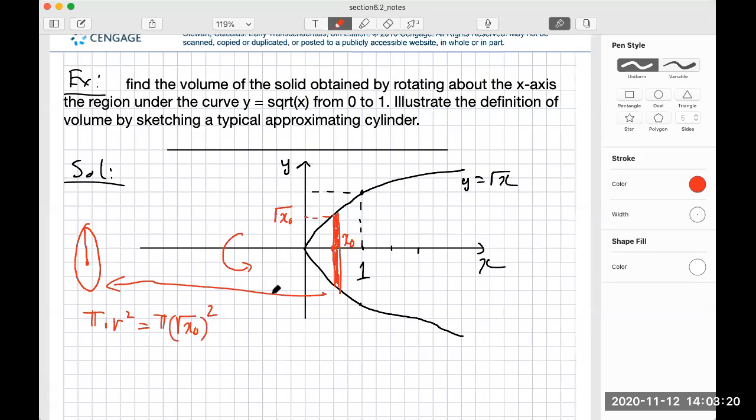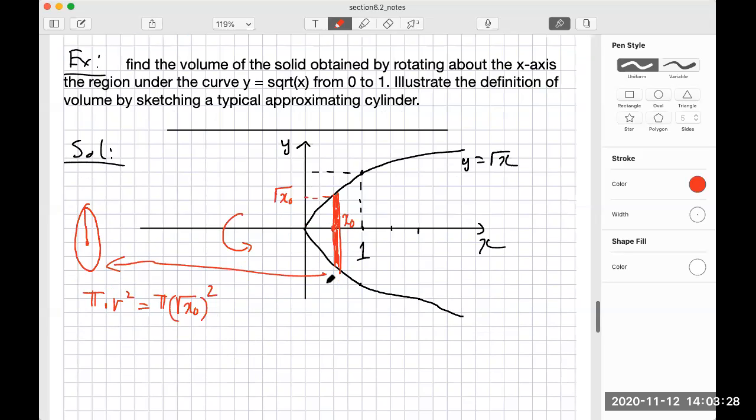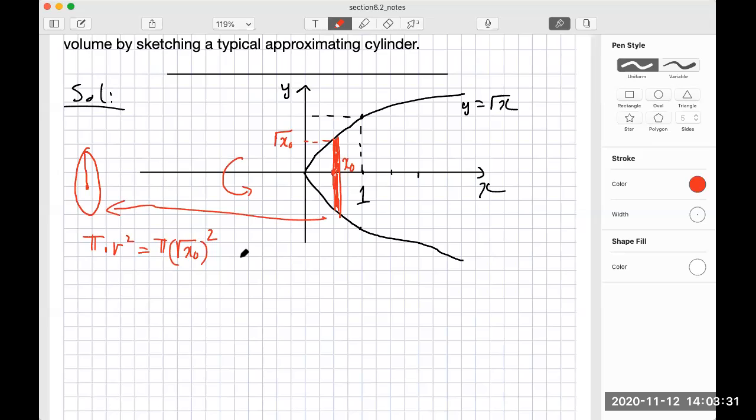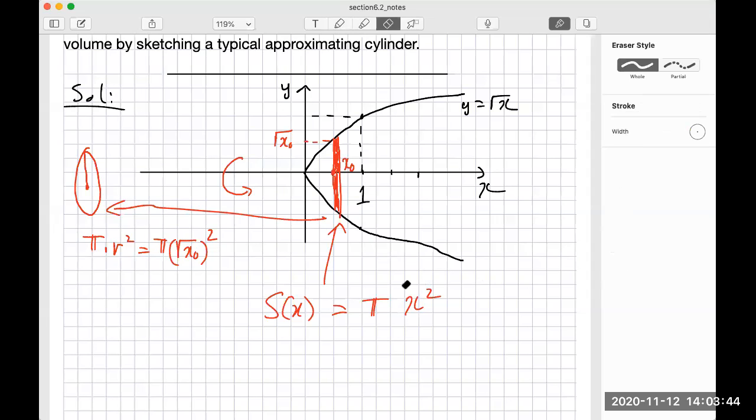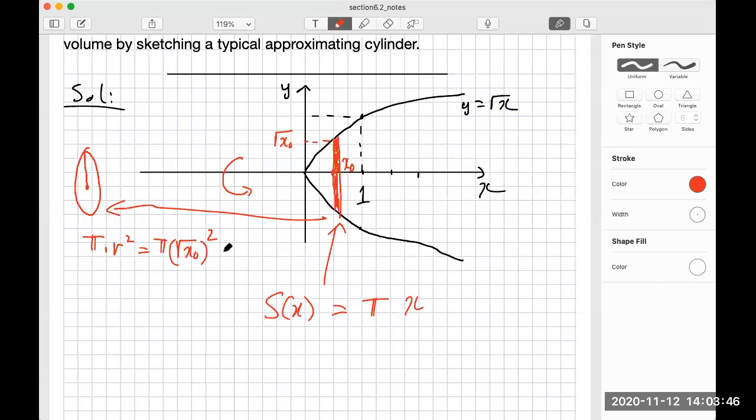Do you all see it? And we know that x0 is between 0 and 1, right? And in general, x0 will move from 0 to 1. Or we can write it as a function of x, then the area of this guy will be pi times square root of x squared, right? Or it will be pi x, does it?